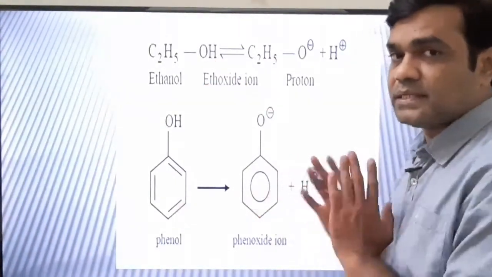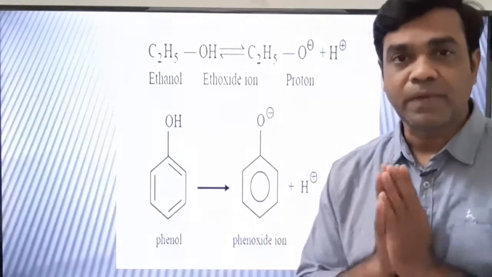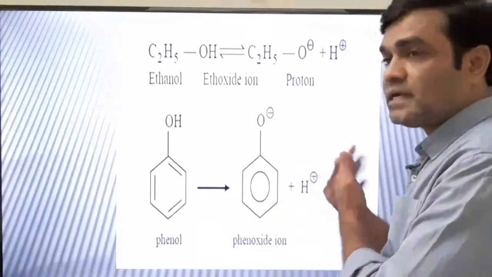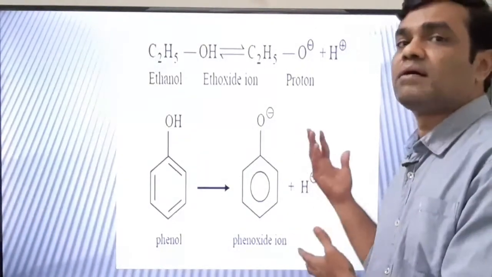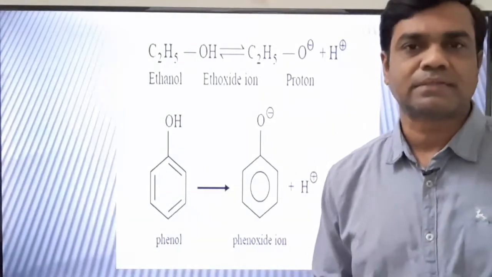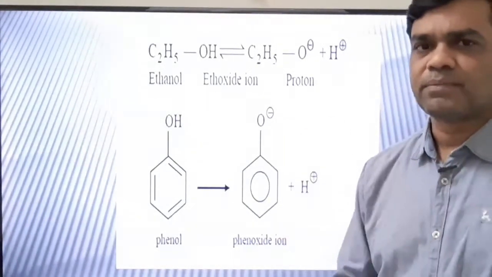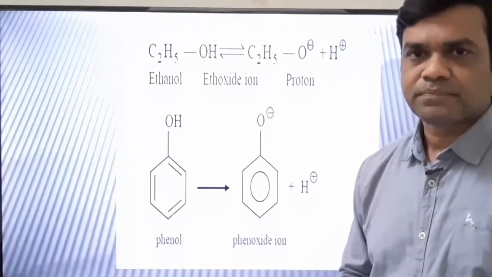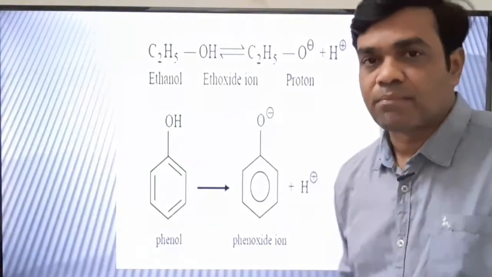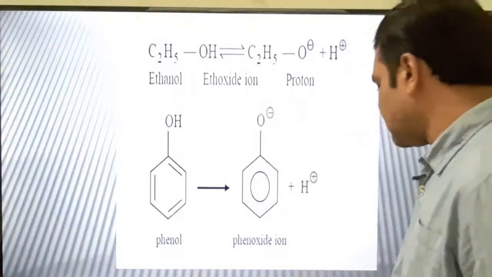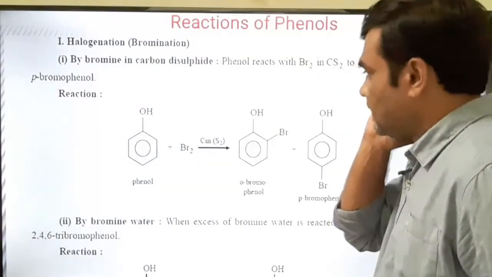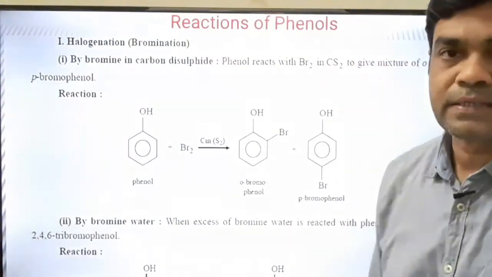However, phenol is acidic. So, the acidity of any compound depends upon the stability of the resultant oxide ion. The more the stability of the resultant oxide ion, the more is the acidity of that particular compound. Okay, so it is clear that phenols are acidic in nature, however, alcohols are not acidic in nature. Now, quickly let us discuss the electrophilic substitution reactions of phenol.